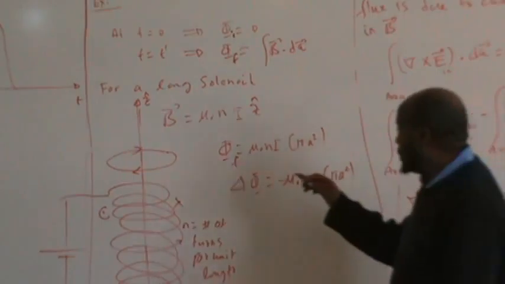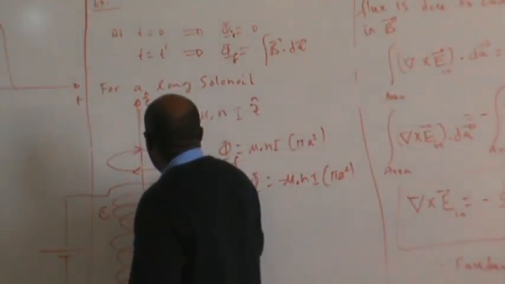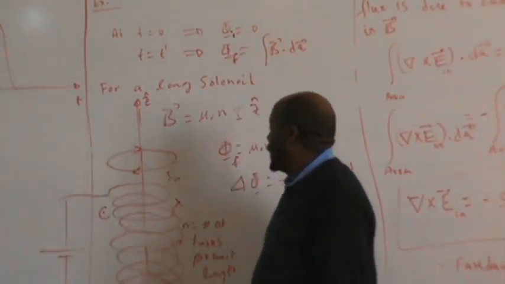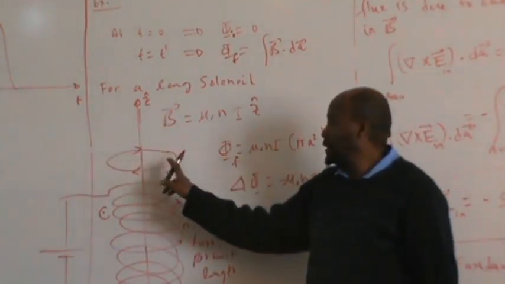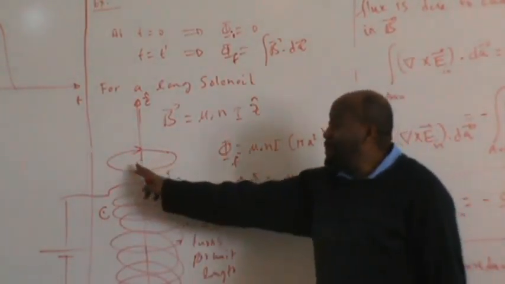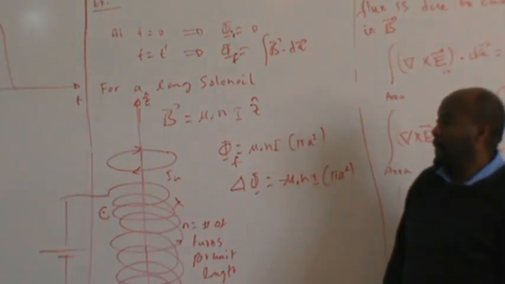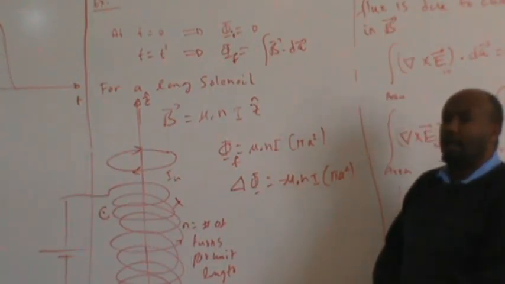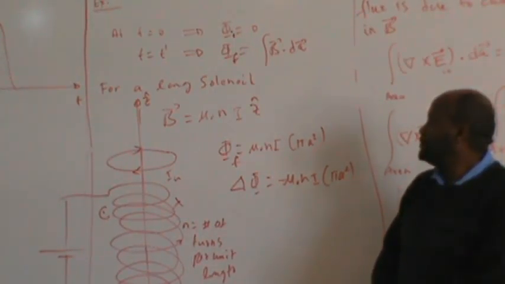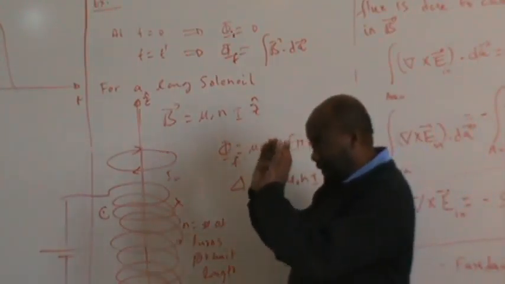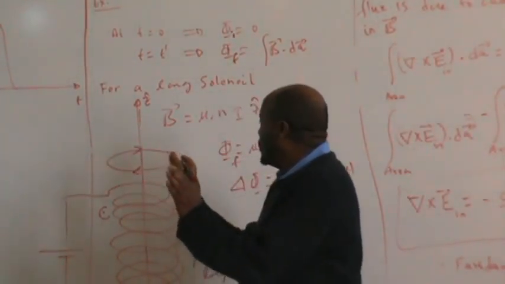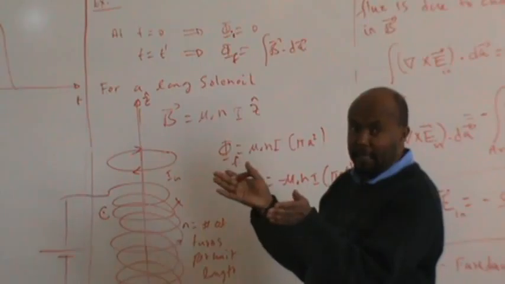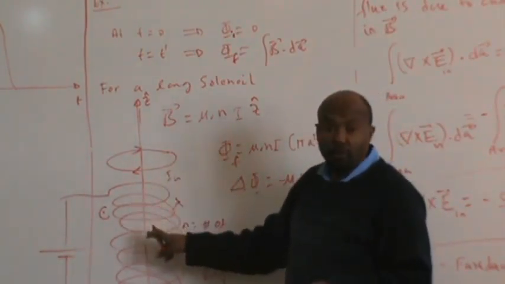Now you have an induced current, and there is interaction between this current and the magnetic field of the solenoid. For that, I have to assume the real direction of the magnetic field of the solenoid.